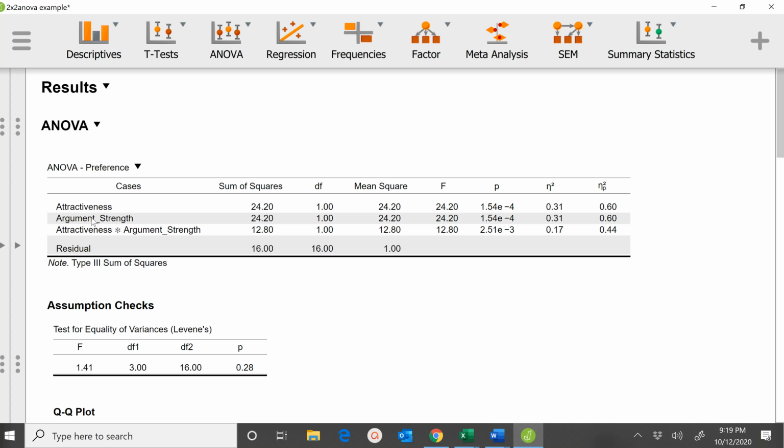But perhaps most interestingly, there was an interaction such that the effect of argument on preference for the product was contingent on the level of attractiveness. So argument strength mattered most, or had the stronger effect, when attractiveness was low, and argument strength did not have an effect when attractiveness was high.